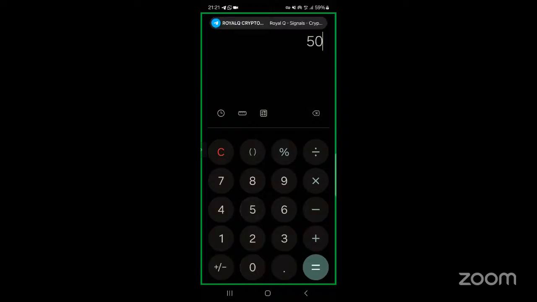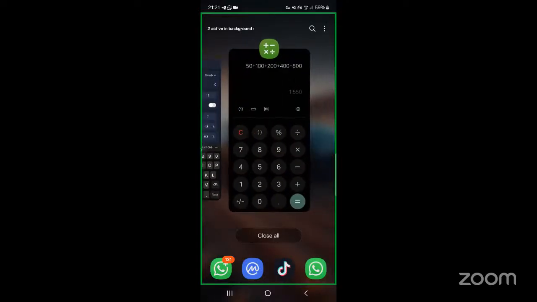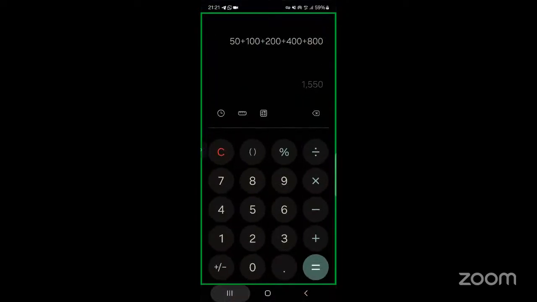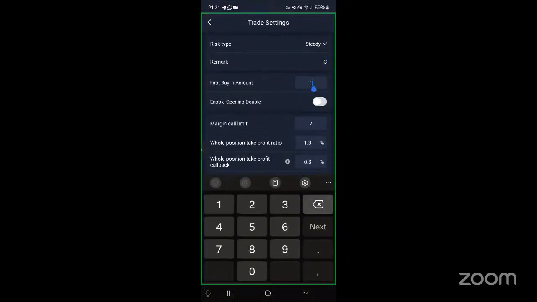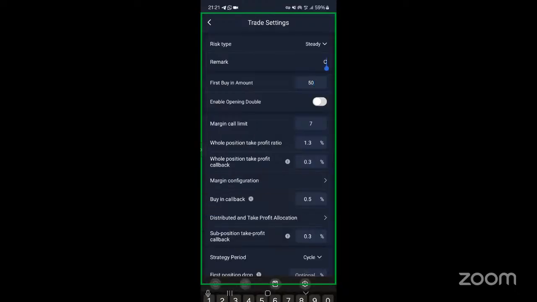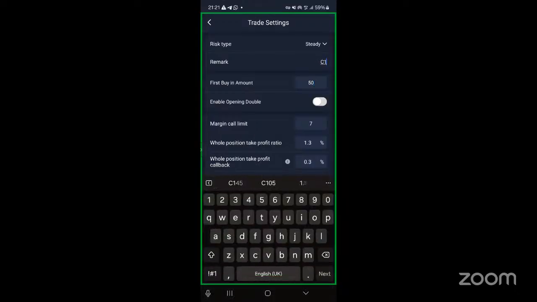Let's say I have $50 plus 100 plus 200 plus 400 plus 800. If I want to buy 4 margin calls, so that is going to be capital of 1,550. So here I will put capital 1,550.